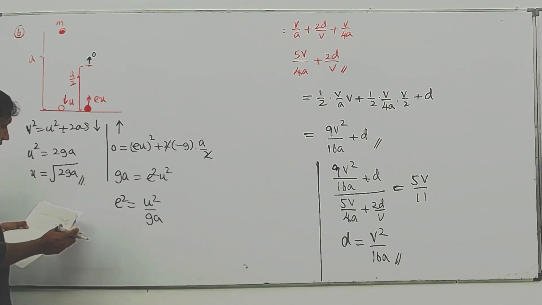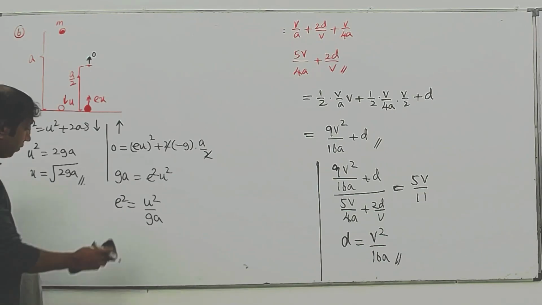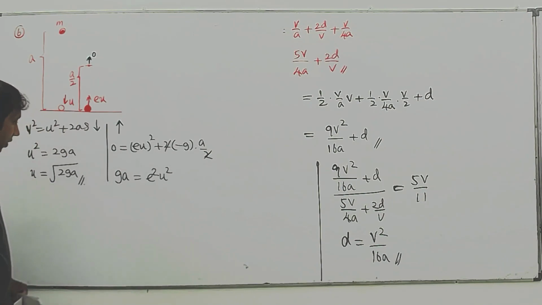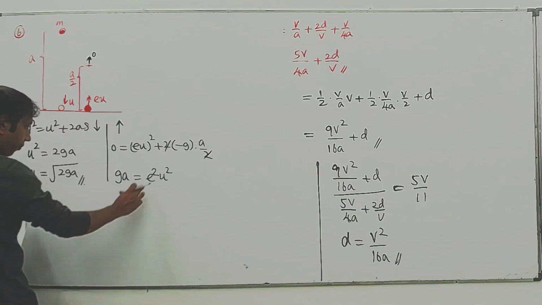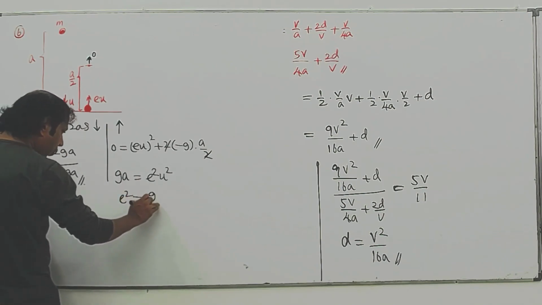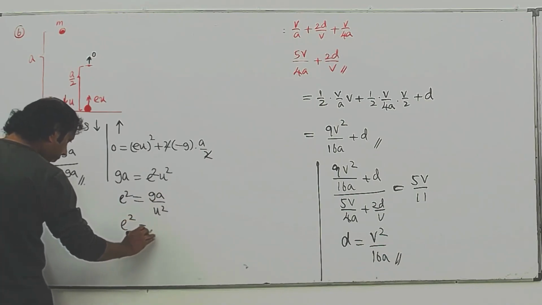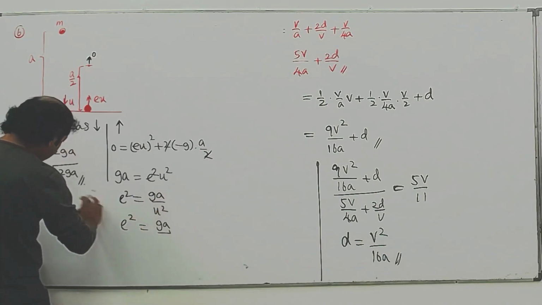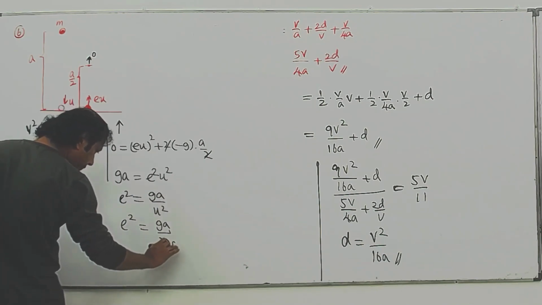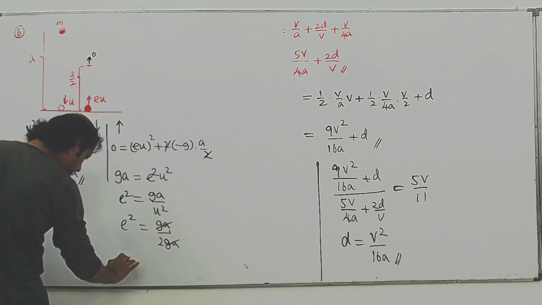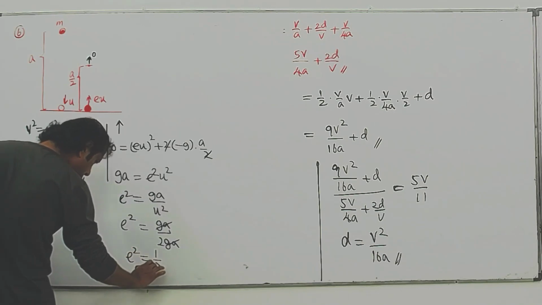Wait, I made a mistake. Not this way. e squared equals ga over u squared, and u squared is 2ga. Cancelling down this way, e squared equals half.